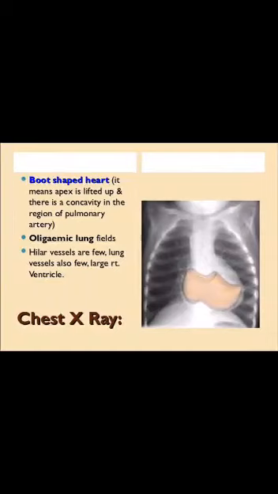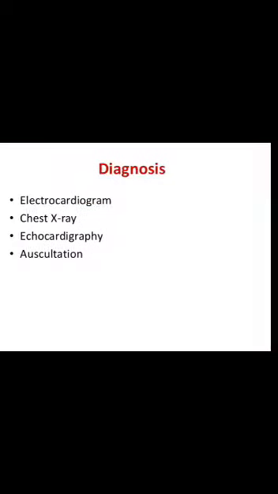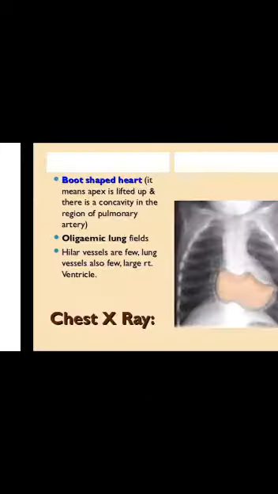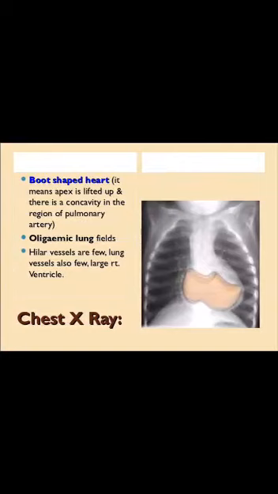Then oligemic lung fields, hilar vessels are few, lung vessels are also few, and large right ventricle. It is also seen in chest X-ray. Chest X-ray is a main diagnostic evaluation of tetralogy of Fallot. We can easily see the boot-shaped heart structure.